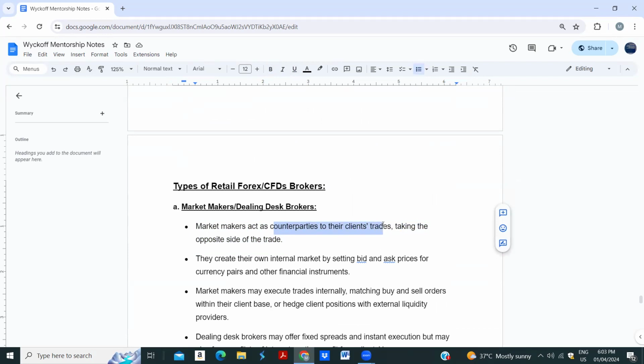So when a trader places a buy trade, the market maker will either hedge the trade, or they will place an opposite order. For example, if a trader is buying, then a market maker will sell that trade to hedge the risk, or to directly trade against the retail trader.